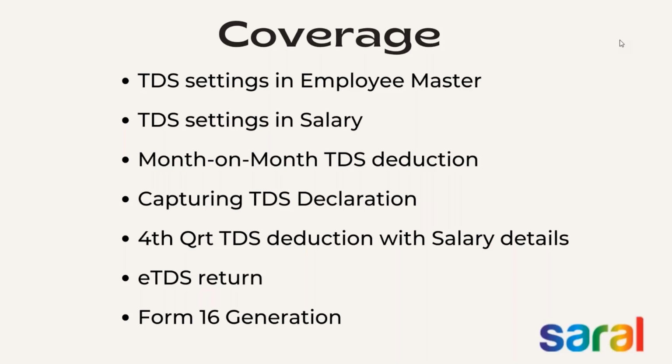How do we capture the declarations given by the employees, and how do we account for them in our calculation? And very importantly, the fourth quarter deductions and the salary details: how are we supposed to report the same via the ETDS return in the fourth quarter?